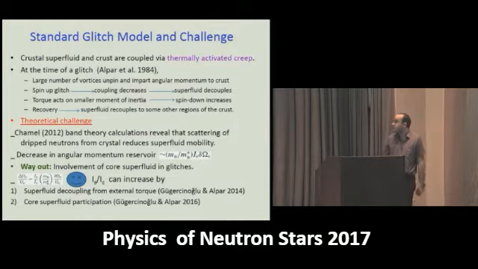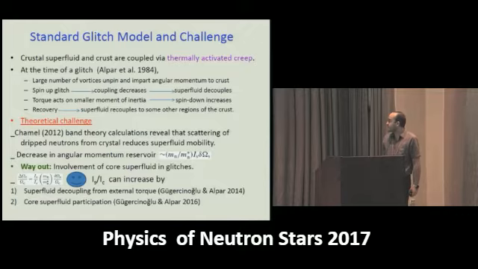Nicolas Chamel, using band theory calculations, has shown that the drip superfluid neutrons from the crystal nuclei reduce the mobility of the superfluid, which means the angular momentum reservoir is decreased by an entrainment factor.